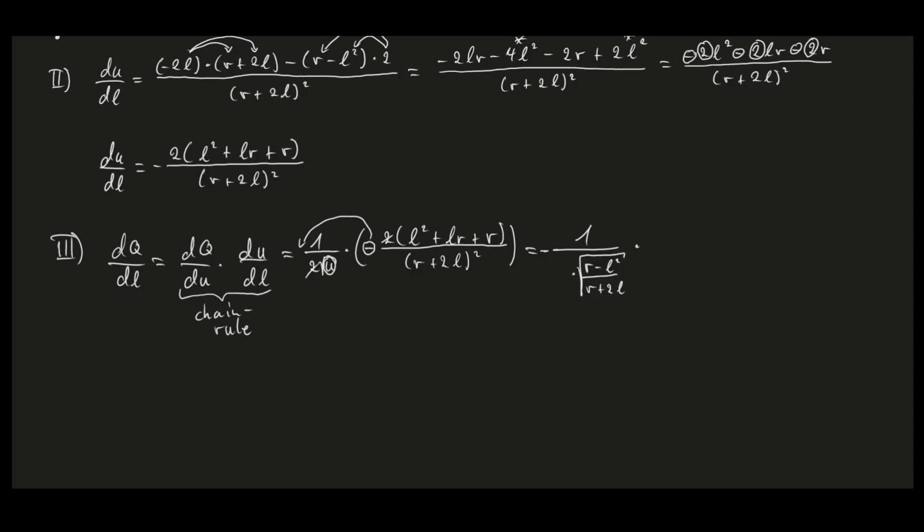What remains is l squared plus lr plus r over r plus 2l squared.